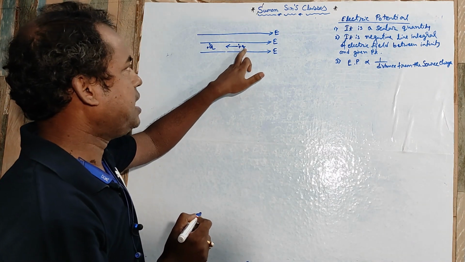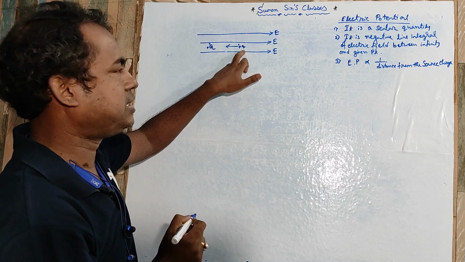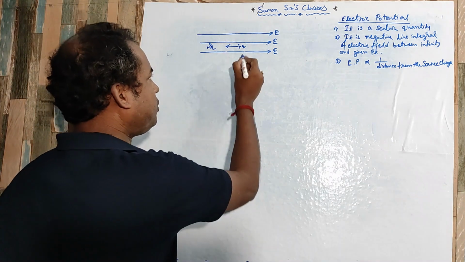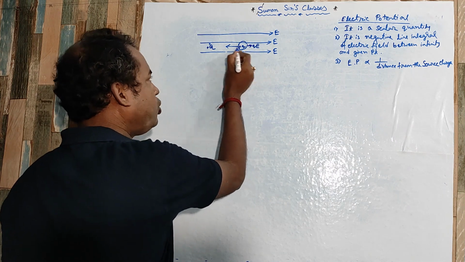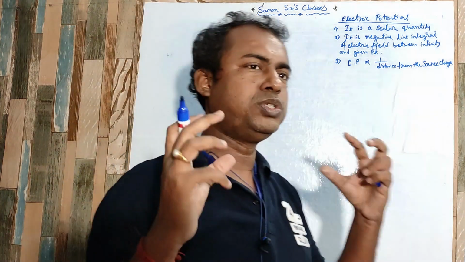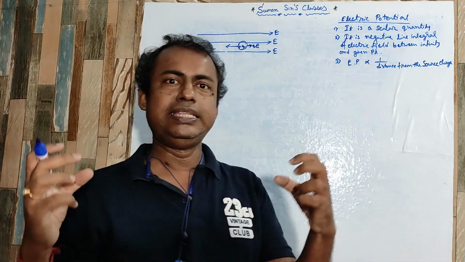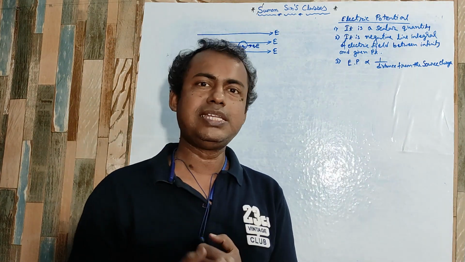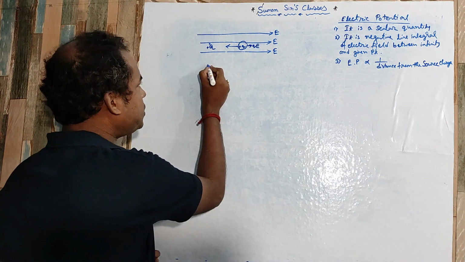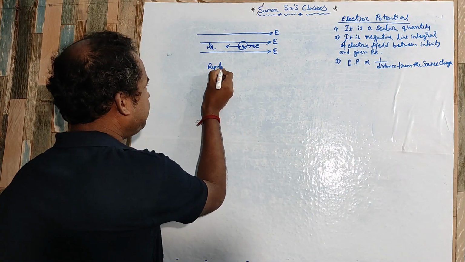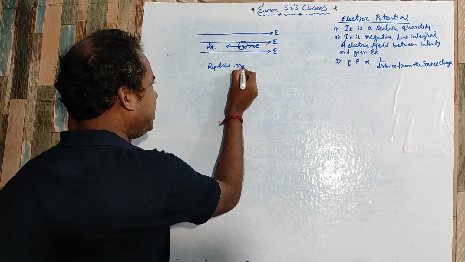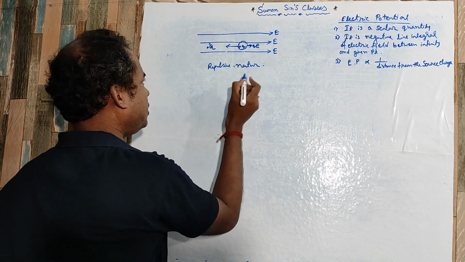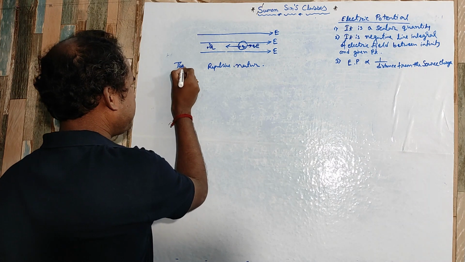So obviously the main force acting on the charge is the electrostatic force, which equals qE. Since both charges are positive, the force between them is obviously repulsive in nature.